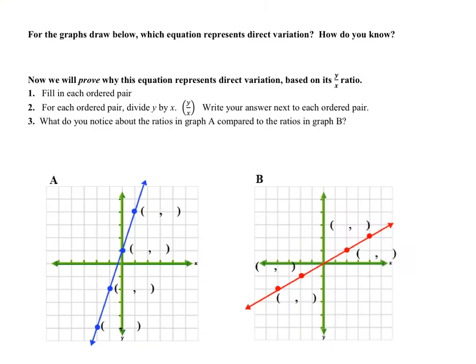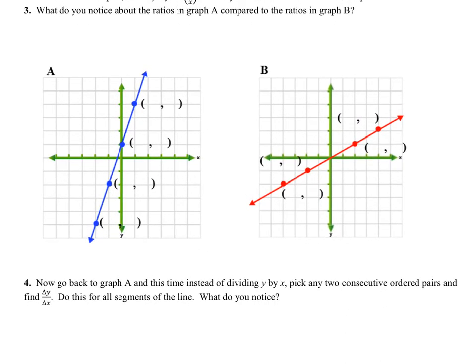So on this slide, we're going to do some investigation to prove why direct variation is direct variation. The first question says, for the graphs drawn below, which equation represents direct variation and how do you know? If we look at these two graphs, we're going to go based on what we know so far. What we've been talking about is that if the y-intercept is 0, then it's direct variation.